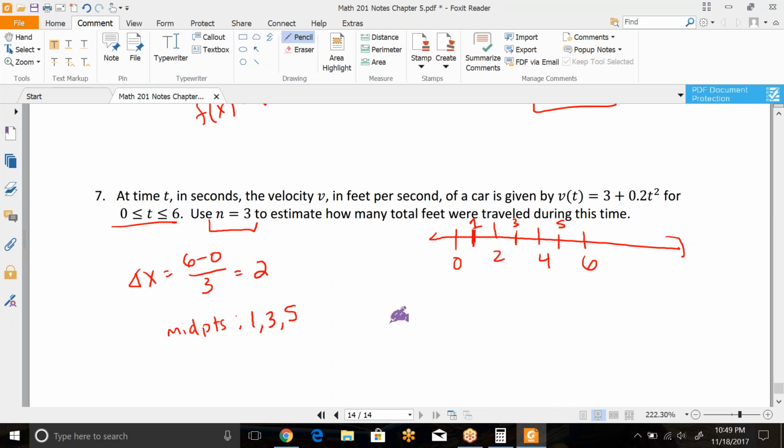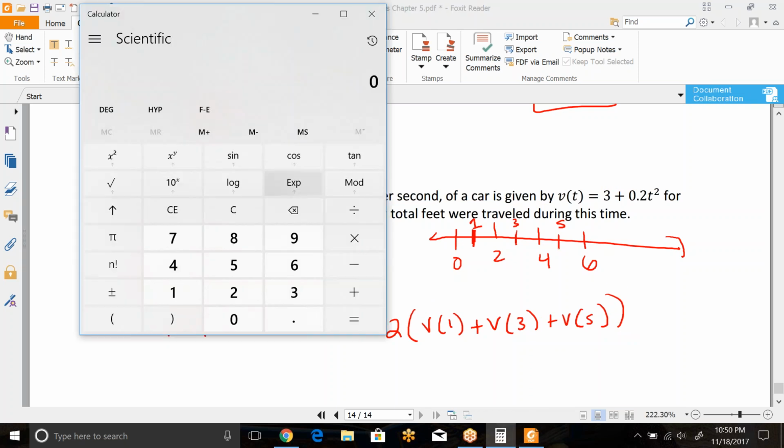So this is going to be 2 for delta x times v of 1 plus v of 3 plus v of 5. So v of 1 would be 1 squared times 0.2 is 0.2 plus 3 is 3.2. That one's not too bad. For 3, we have to square it, which is 9, times the 0.2 plus the 3, so that's 4.8.